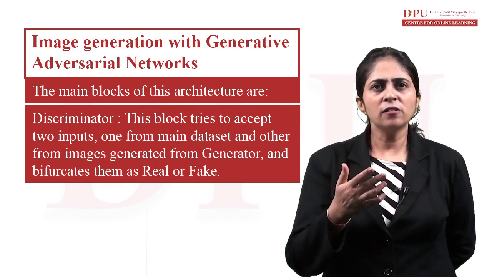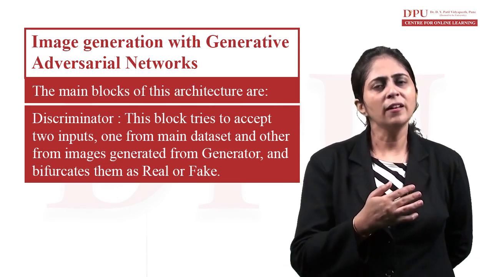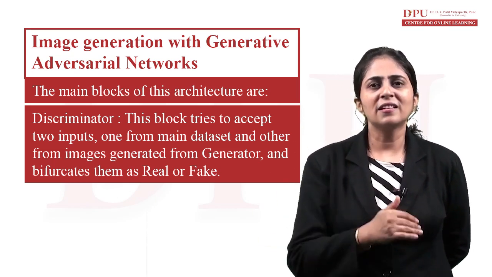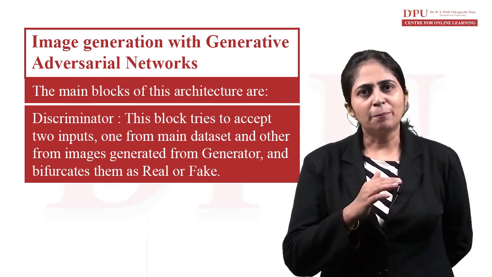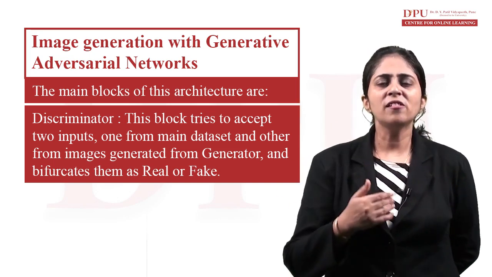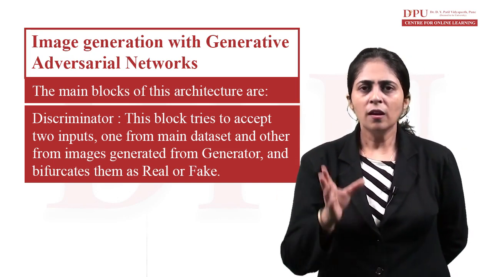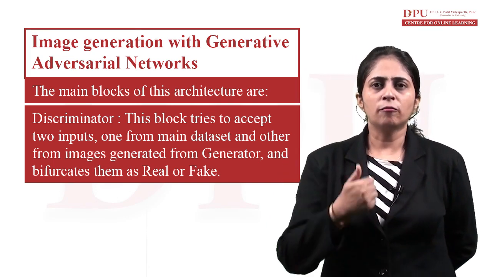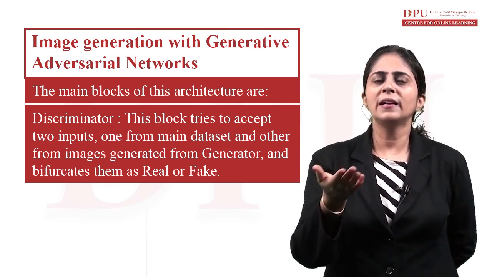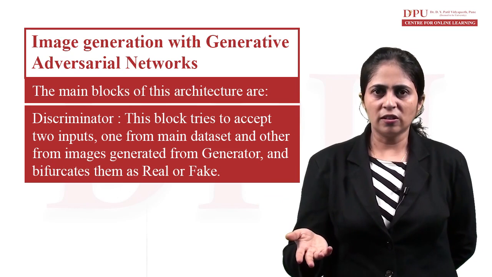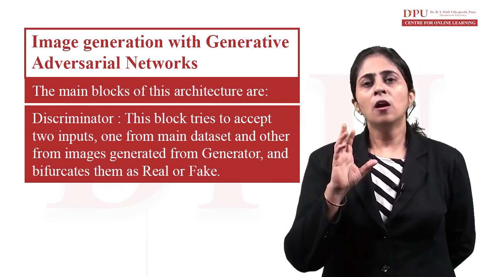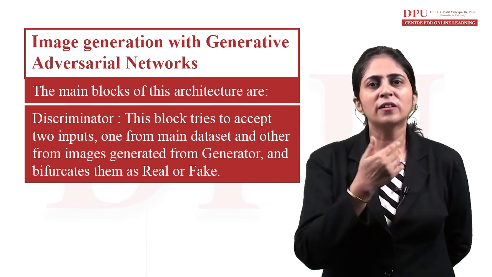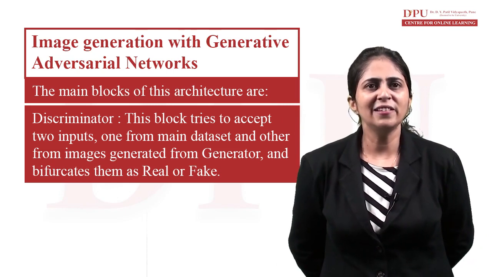This block accepts two inputs, one from the main data set and another from the images that are generated by our generator, and it bifurcates them into real images or fake images. So basically in a generative adversarial network, we have two neural networks. One is the generator, which is generating some images similar to the original data set. We have the discriminator, whose main task is to identify which are the real images and which are the fake images generated by the generator.